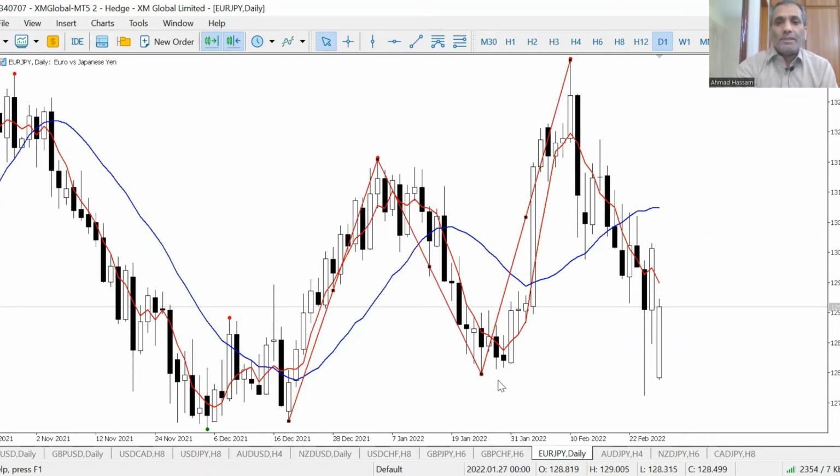AB, BC, CD. Okay. How do we know that this is an AB equal to CD pattern? We calculate this AB leg, then we compare it with this CD leg. So let me show how we do it.